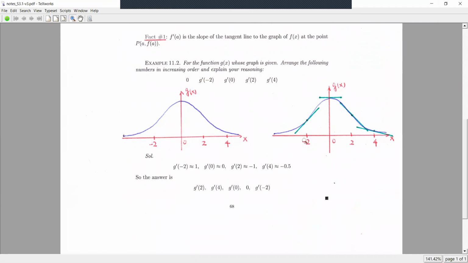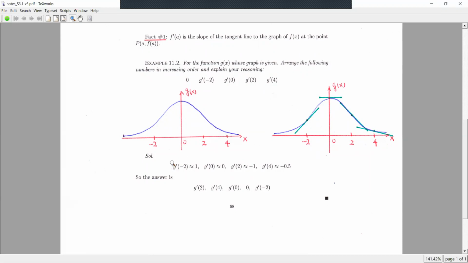So at -2, I draw a tangent line to the blue curve. Then the slope of this tangent line is the derivative at -2. Now, I guess the slope of this line is 1.